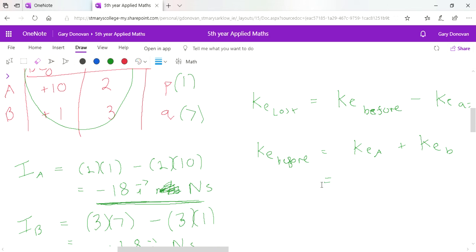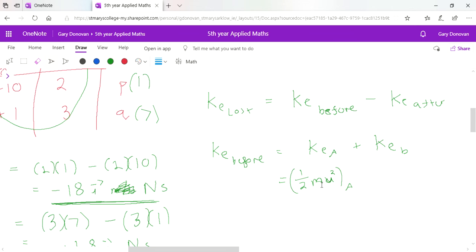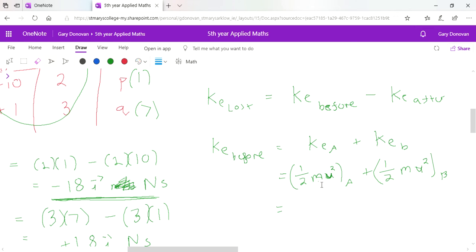So it's going to be half mu squared for A, u because it's the initial velocity, it's before, plus a half mu squared for B. So that's a half, mass of A is 2, times minus 10 squared, plus a half, mass of B is 3, times minus 1 squared.